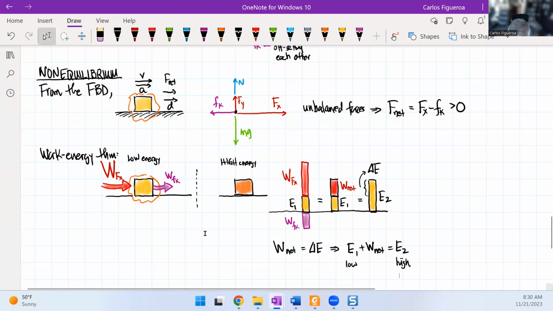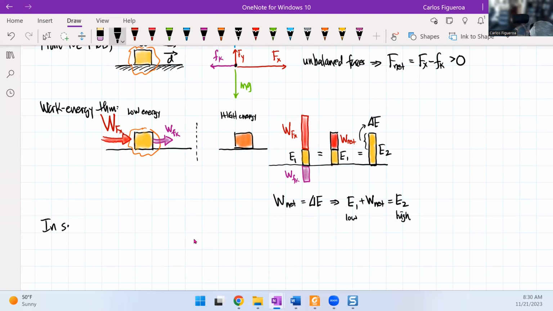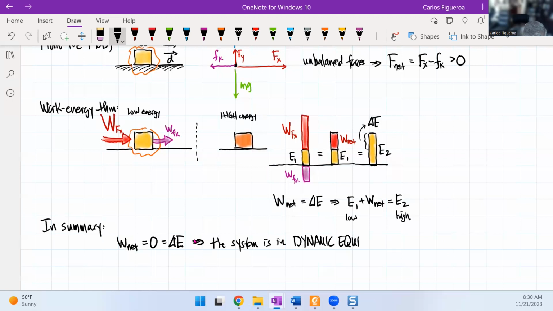So what's important about this here is, in summary, if the net work is equal to 0, in this case, that means the system is in dynamic equilibrium.